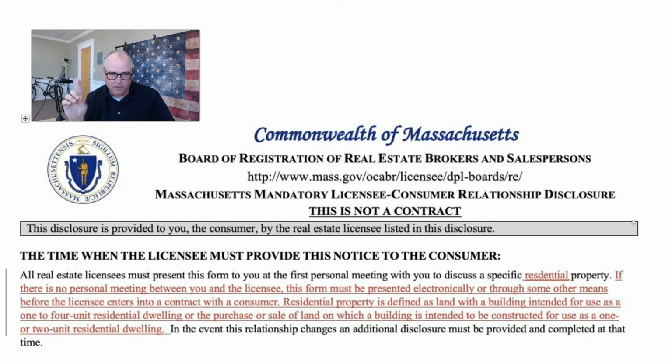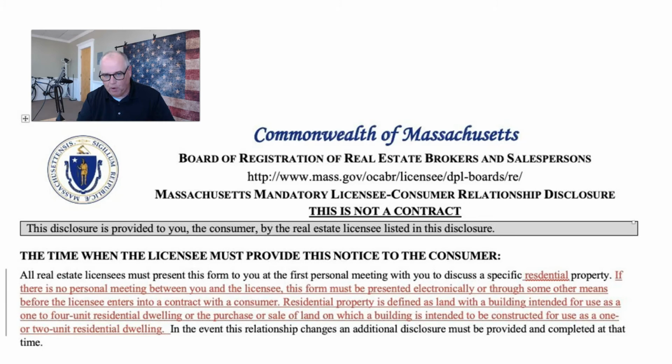If there's no building there now and they only intend to build a 1 to 2 unit, then you've got to use this form. I guess what they're saying is, if they're building something new on a blank piece of land, so to speak, and it's 3 plus, then I guess that's considered an investment in commercial property. So I guess that's where they're drawing the line, the way I read it.